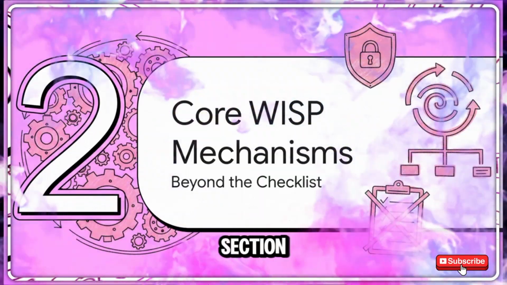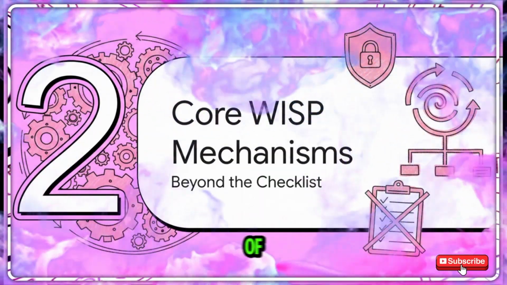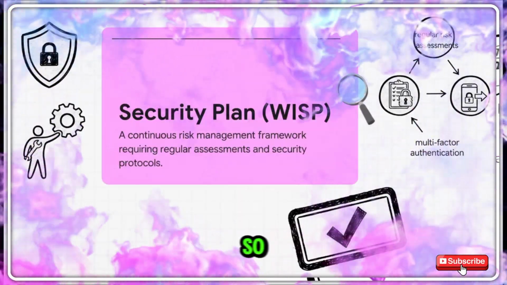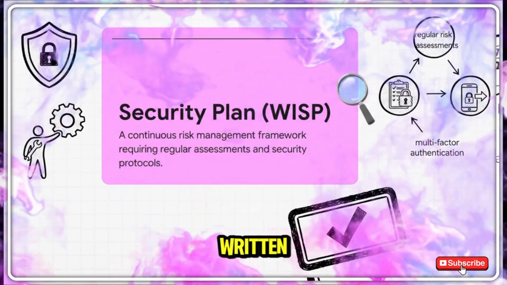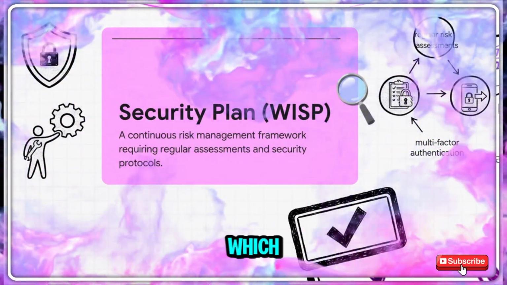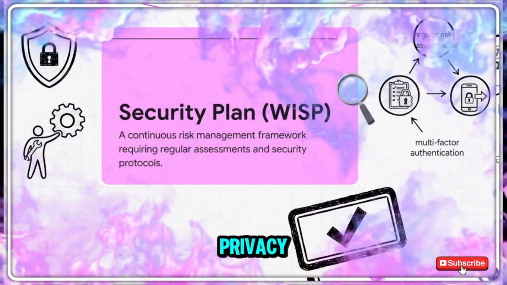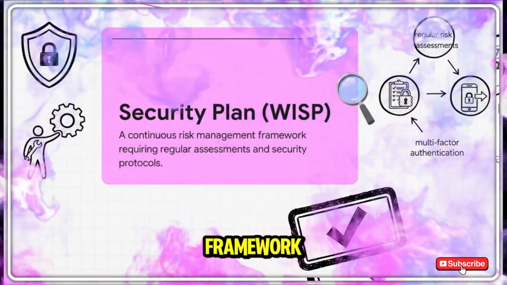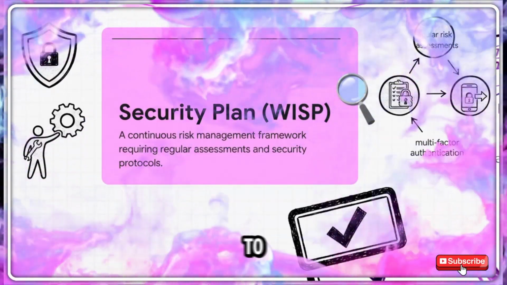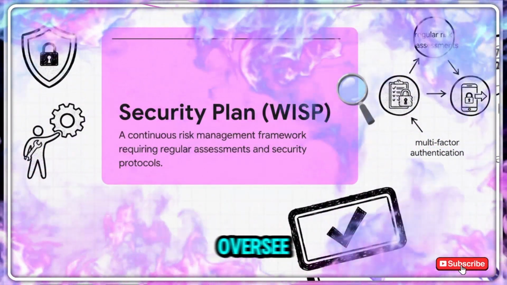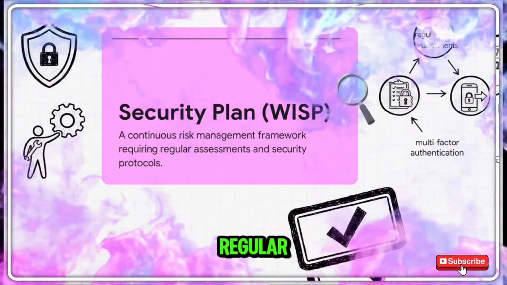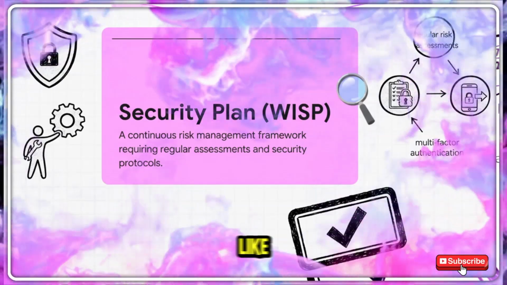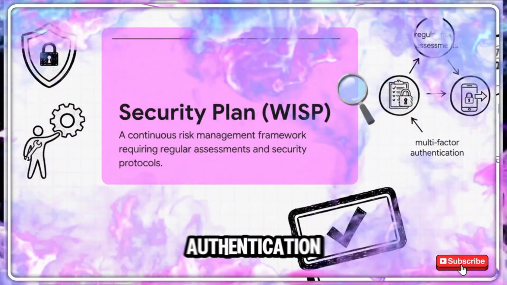Moving right along to Section 2, the core mechanisms of the WISP, taking us way beyond a simple checklist. So the crucial point here is that a written information security plan, which remember is mandated by privacy and financial regulations, is actually an active, living framework. It legally requires you to designate a specific individual to oversee security, conduct regular vulnerability assessments, and enforce strict, non-negotiable protocols like data encryption and multi-factor authentication.